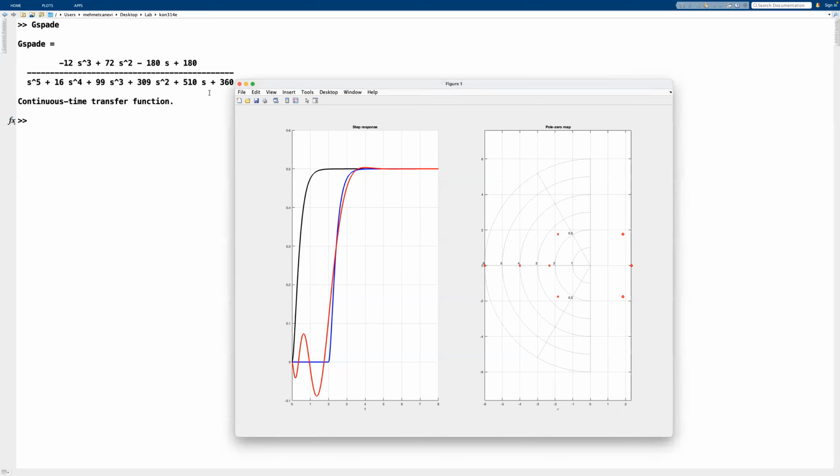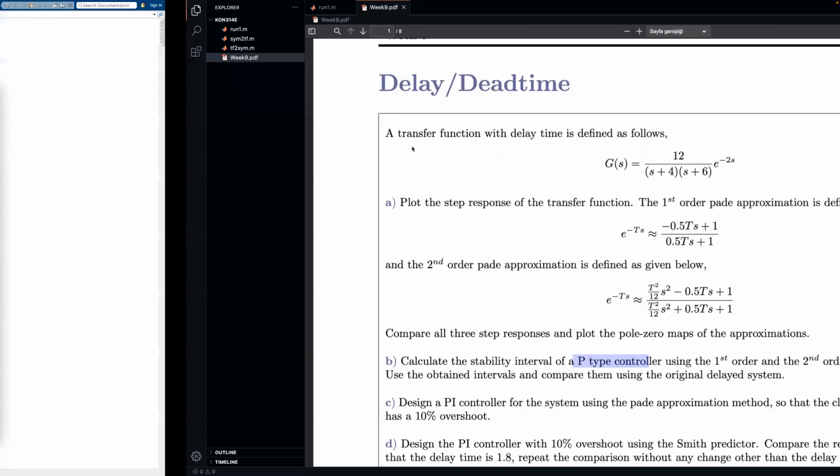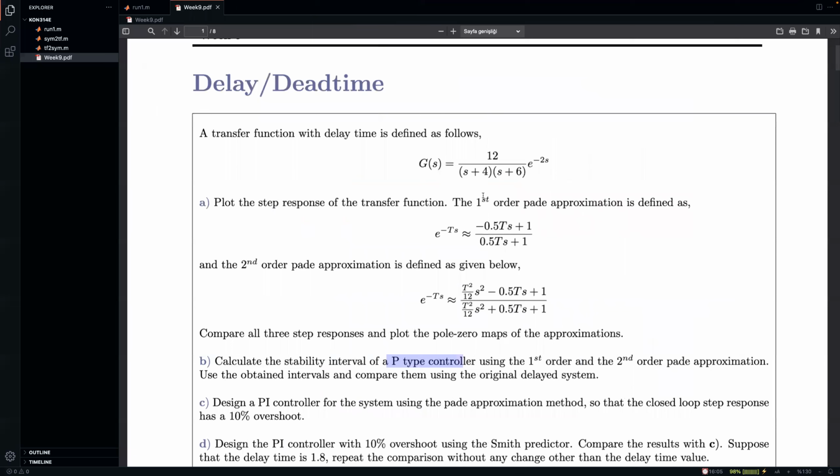We've seen that we can go with higher order Padé approximations like 40. And this also shows the fact that when we have this e to the power of minus 2s, we actually have infinite amount of zeros and infinite amount of poles, because this approximation tends to infinity, it's a series expansion, and it would be e to the power of minus 2s.